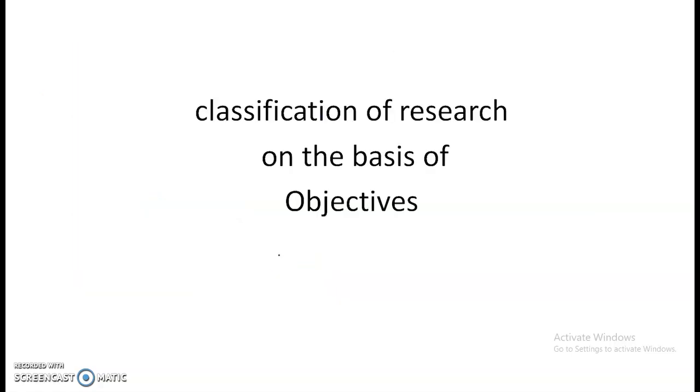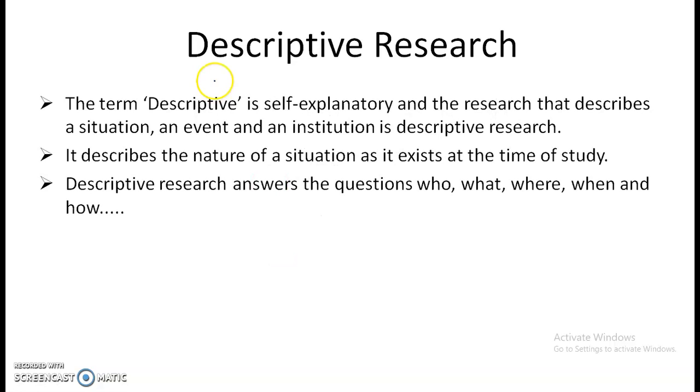Fine. Next, the classification of research on the basis of objectives. Okay, so as we already know that there are 5 different types of research categories under the objectives. So here the first one is the descriptive type of research. The term descriptive itself is nothing but an explainer.